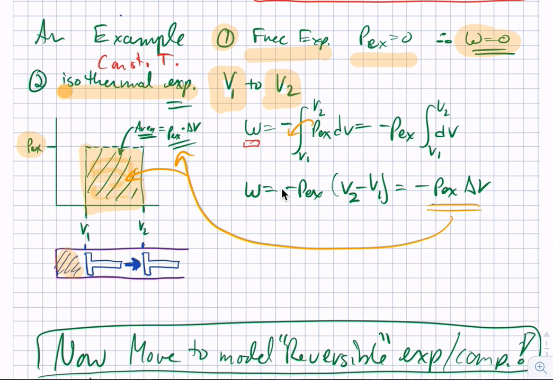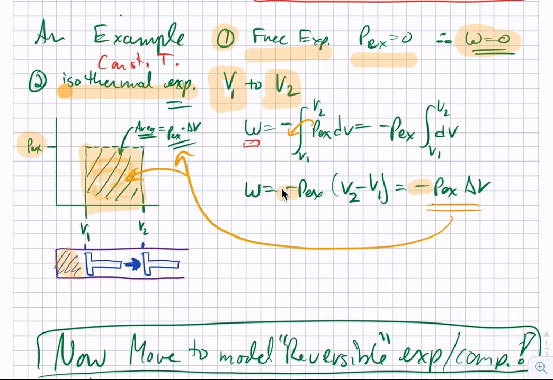That area, PEX, which is the height of the box, and delta V, which is the width of the box from V1 to V2, is going to be proportional to the work done on or by the system. And keep in mind we have to remember the minus sign. So minus P external times the change in volume will be the work done by that system.